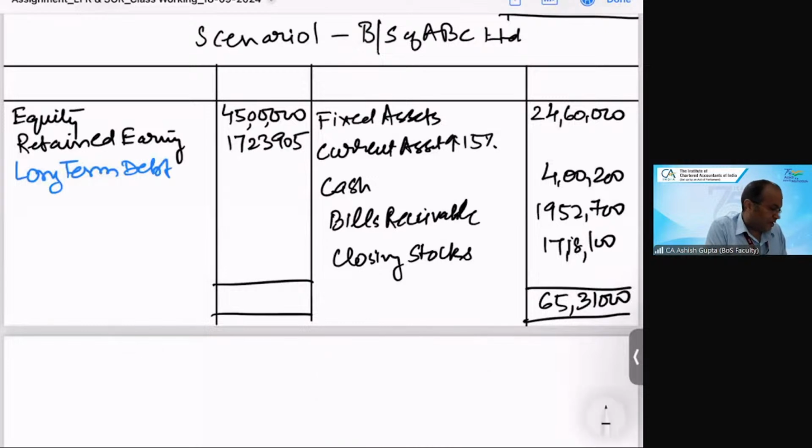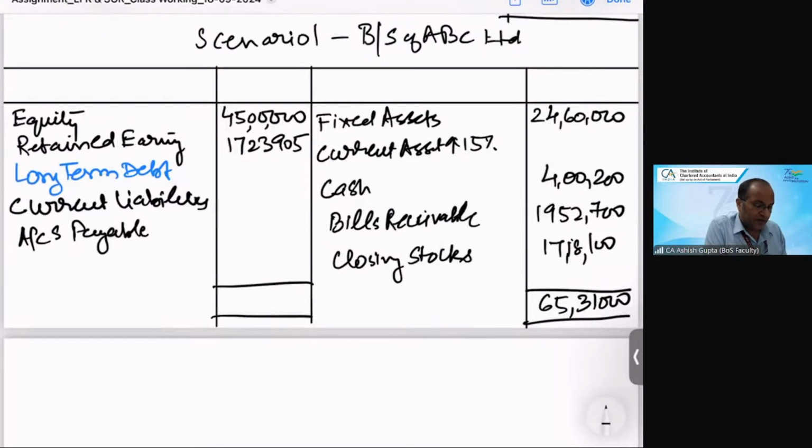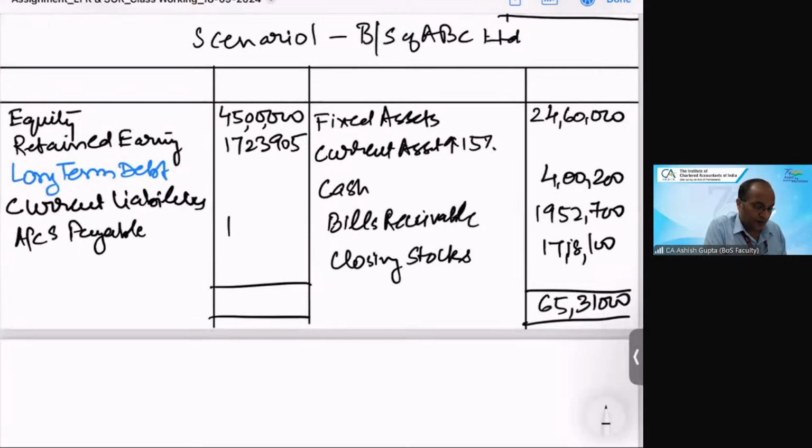First of all, I'm taking the current liabilities, and here our accounts payable. These are also increased by 15%. Please remember, these have also been increased by 15%. Okay, this is our outstanding expenses.